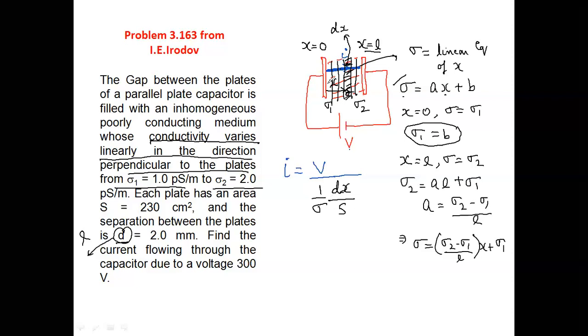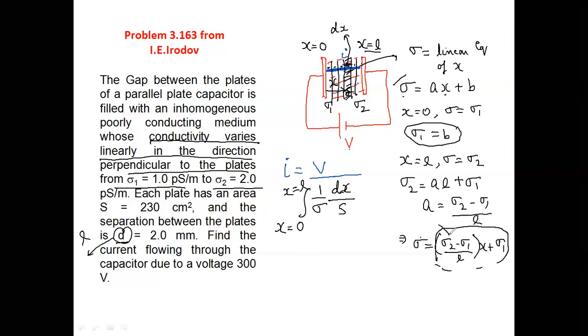So the overall resistance of the complete medium from x equals 0 to x equals L will be the summation of the resistance of each differential portion of the medium, which means it should be integration from the limits 0 to L. These are the limits for the variable quantity x.